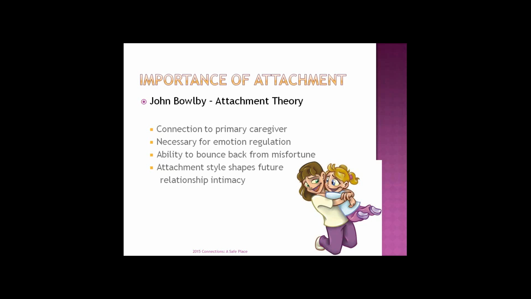He proposes that this attachment is not just a one-time event, but rather it's a process, that it starts at birth and it carries on through the formative younger years, and that relationship is crucial and has a great impact on how you're going to relate as an adult.